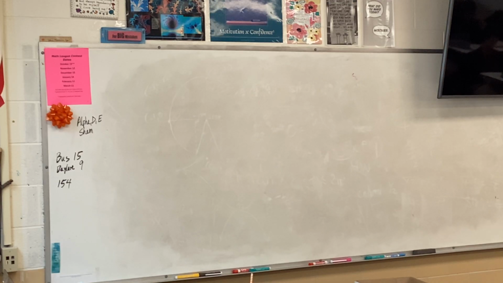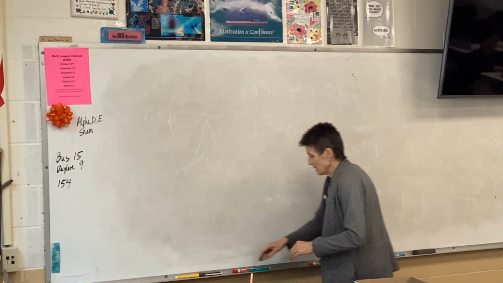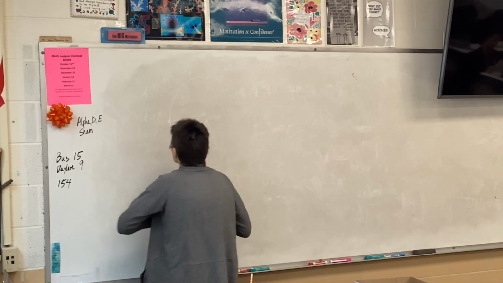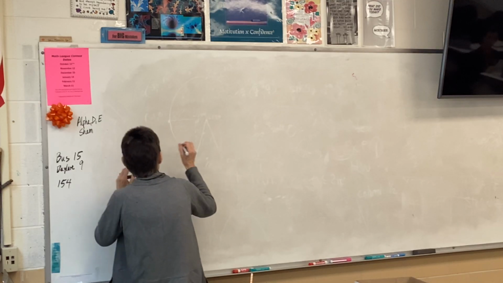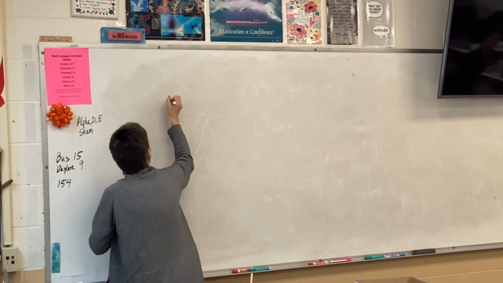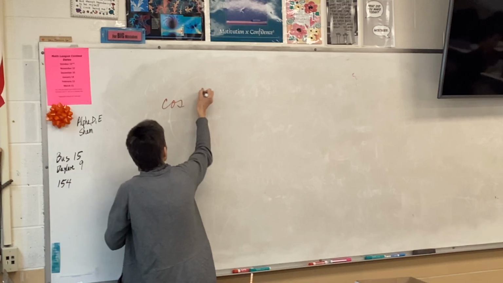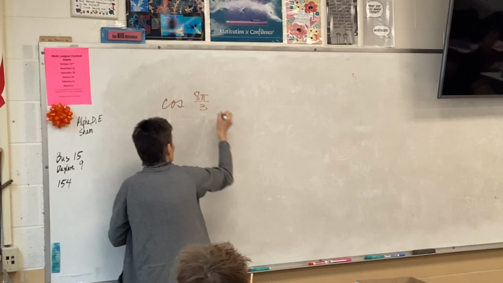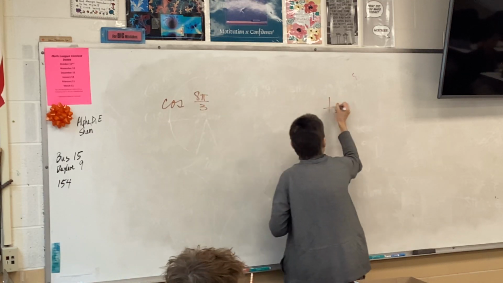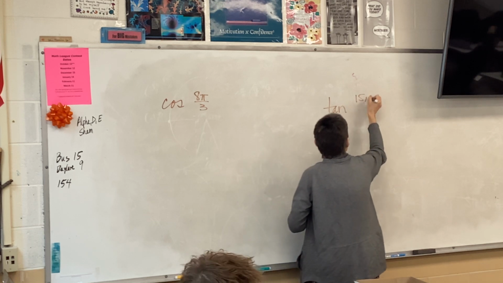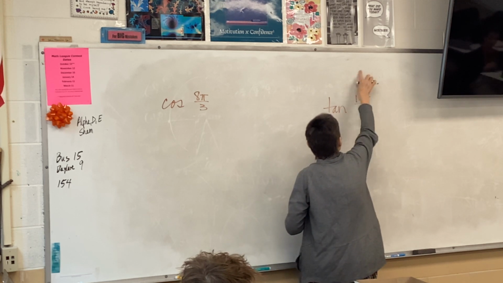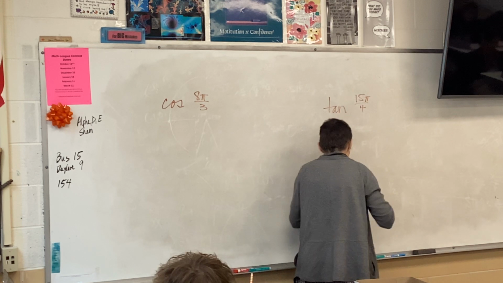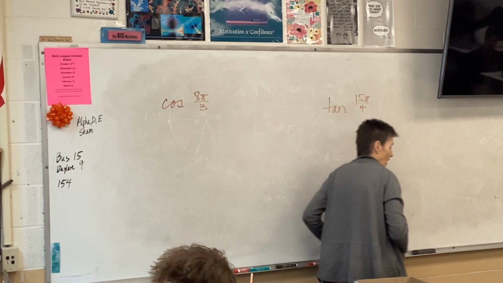Very, very good. Now, before we go any further, I'm going to put a couple up here, and I'd like you to look at it, digest it, and see if you can figure it out. So we're going to do cosine 8 pi over 3, and we're going to do tangent 15 pi over 4. I'd like some volunteers to come up and give this a shot.